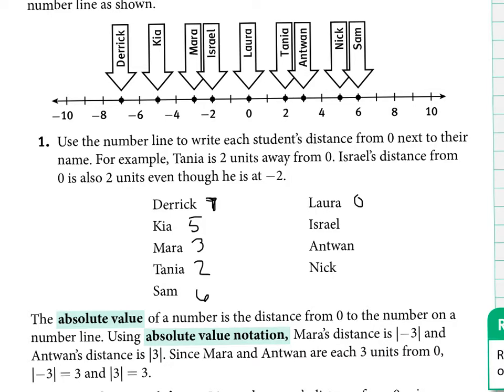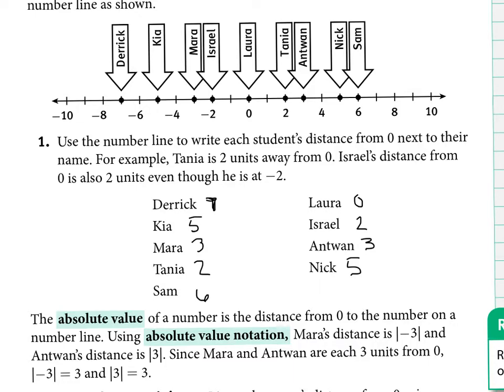She's on 0, so she's no distance away. Israel is 2 units away. Antoine is 3 units away, and Nick is 5 units away. Notice that all of your answers here are positive values.